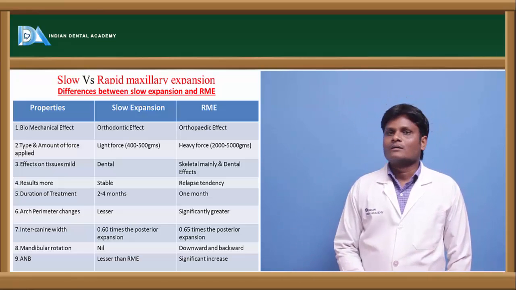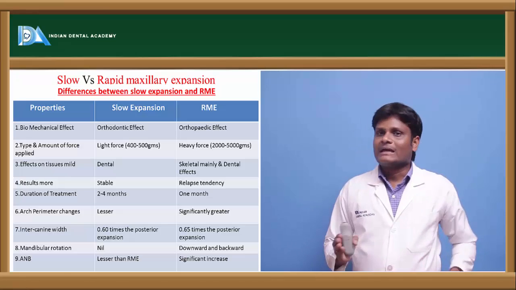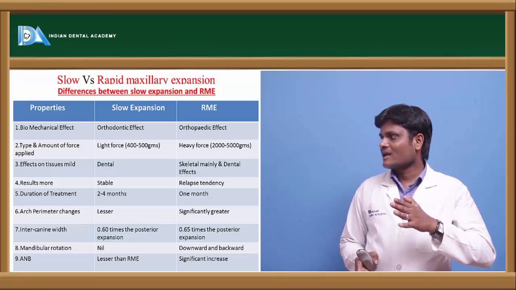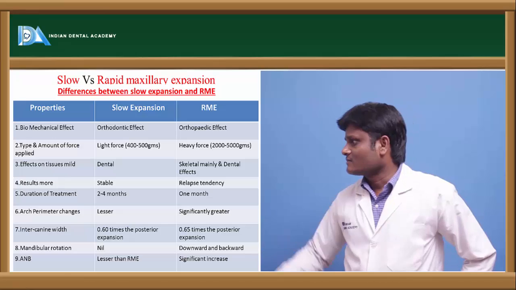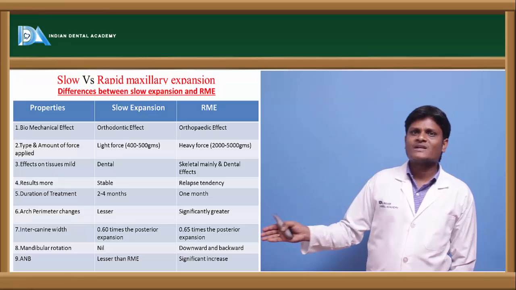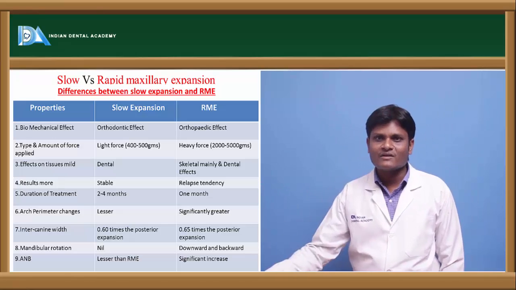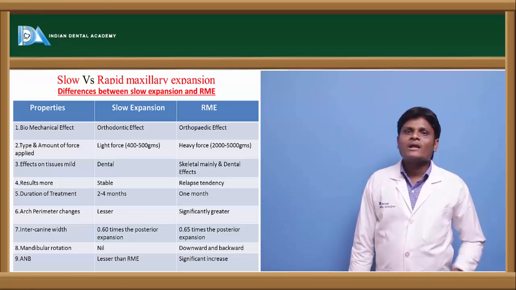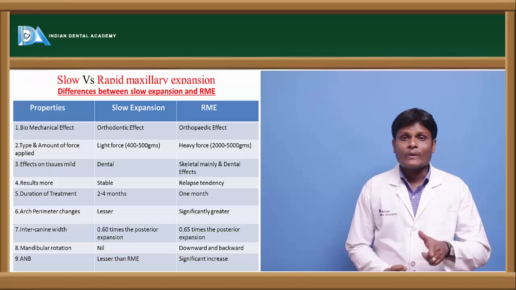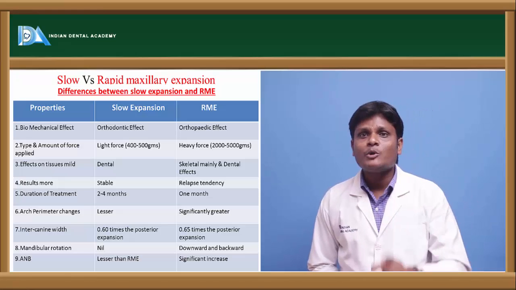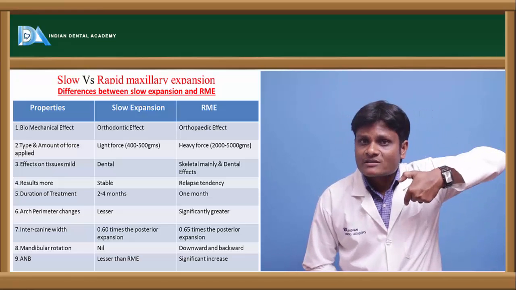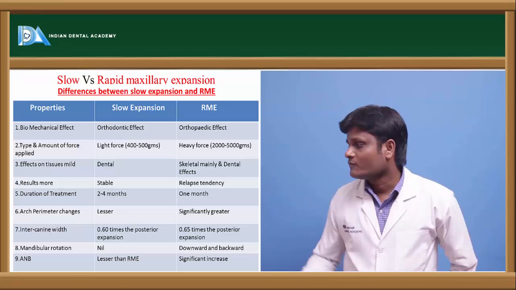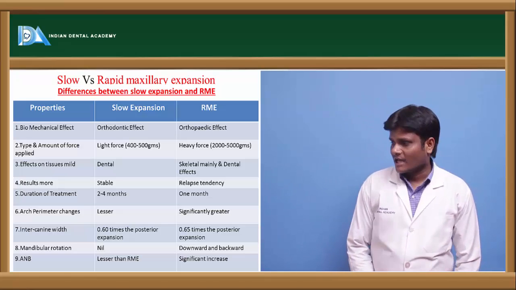The intercanine width is 0.6 times the posterior expansion with slow expansion, whereas with rapid expansion it is 0.65 times. That is, there is not much change in the intercanine width either with slow expansion or rapid expansion. Mandibular rotation is nil in slow expansion, whereas there is a strong tendency of the mandible to rotate in a downward and backward direction and an increase in the anterior facial height with rapid maxillary expansion.